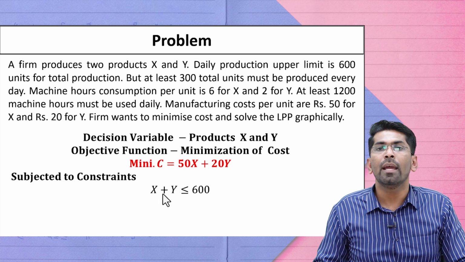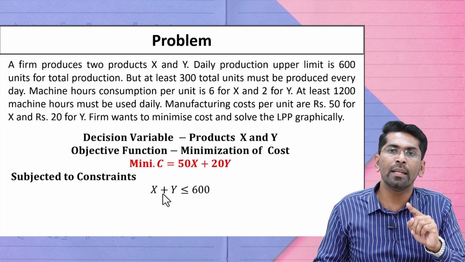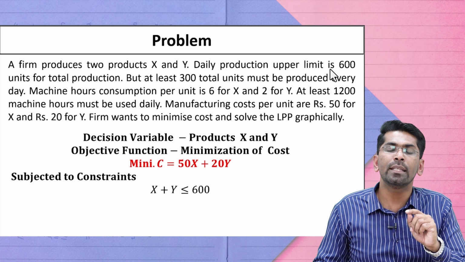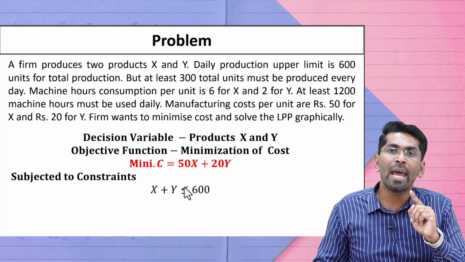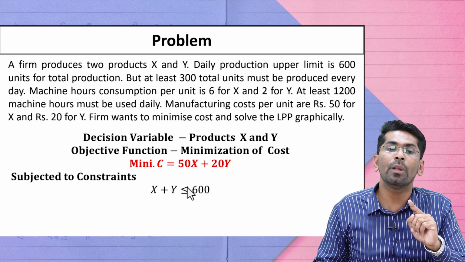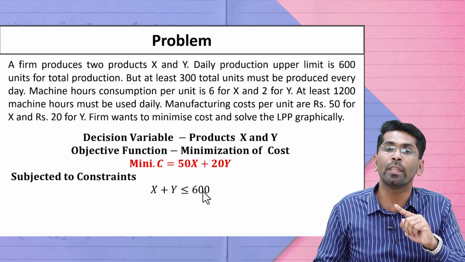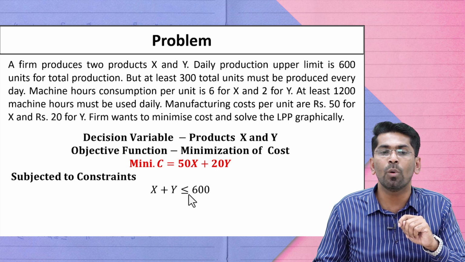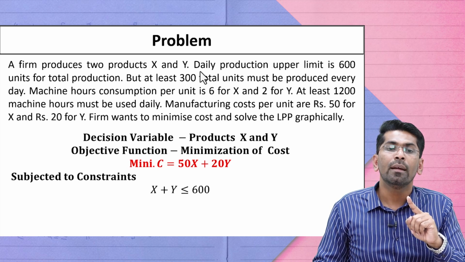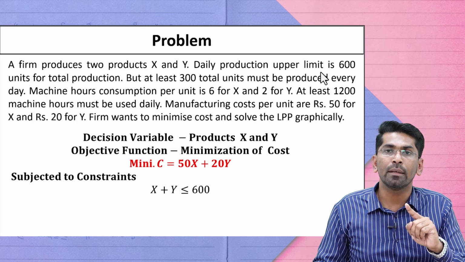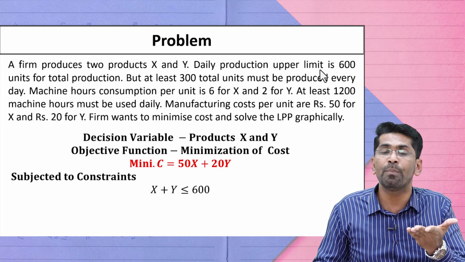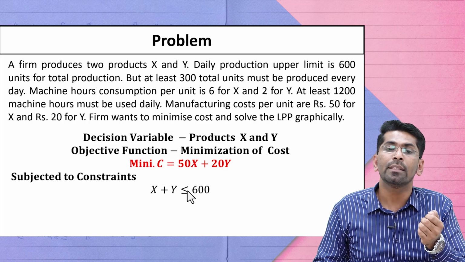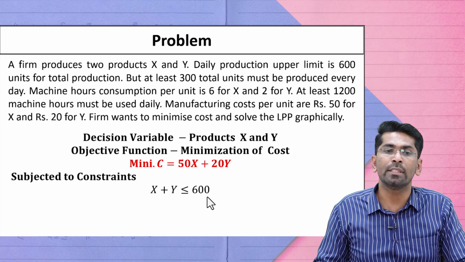That means X plus Y, considering both commodities, has an upper limit of 600. Both commodities together can be produced up to 600, not more than that. So the inequality sign is less than or equal to 600. The statement should be very clear: daily production upper limit means maximum limit, not beyond that limit. That's why we put the sign less than or equal to 600.